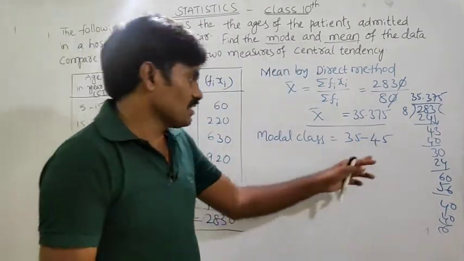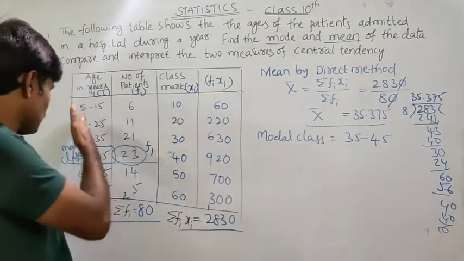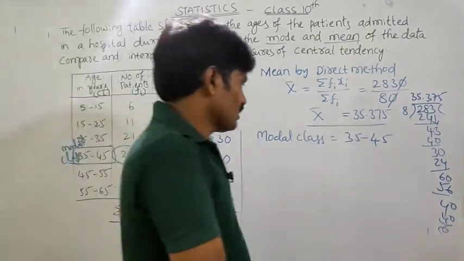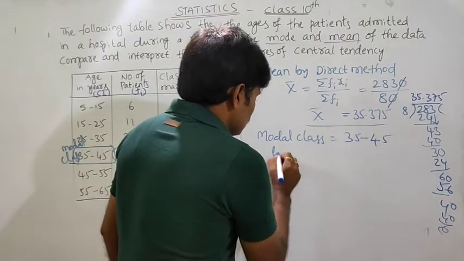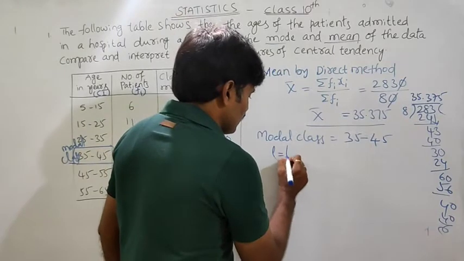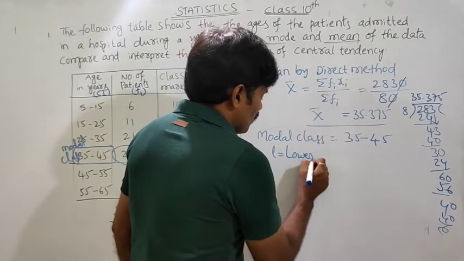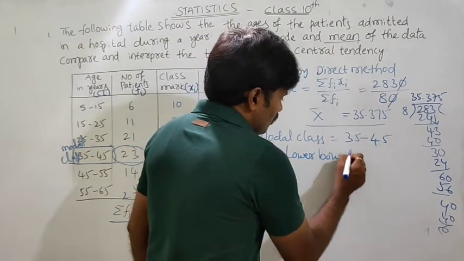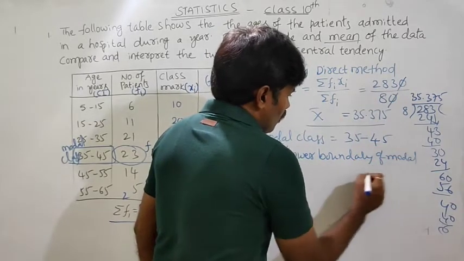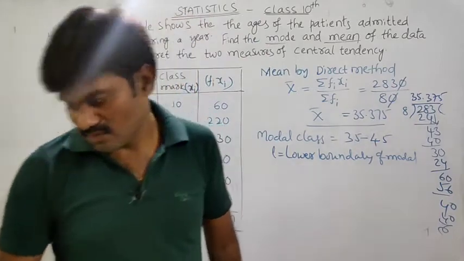Now what is its lower boundary? All boundaries are the same. These are exclusive class intervals, so here L is the lower boundary of the modal class. Now write clearly: lower boundary of the modal class. I am erasing this rough work.